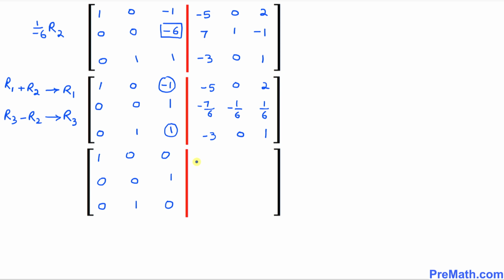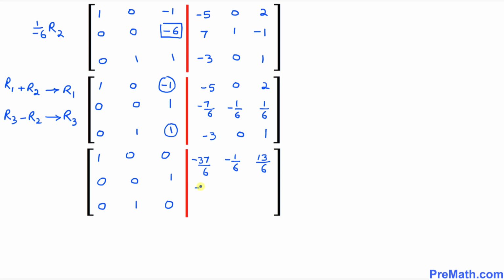The top row, row number 1, is going to become negative 37 over 6, negative 1 over 6, and 13 over 6. The second row is going to stay unchanged.